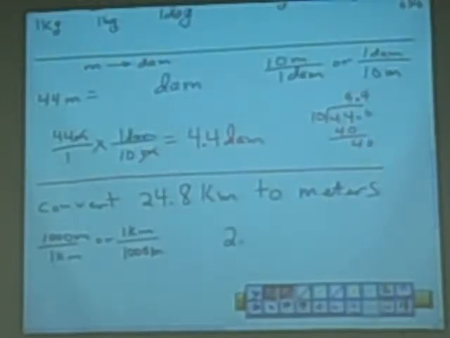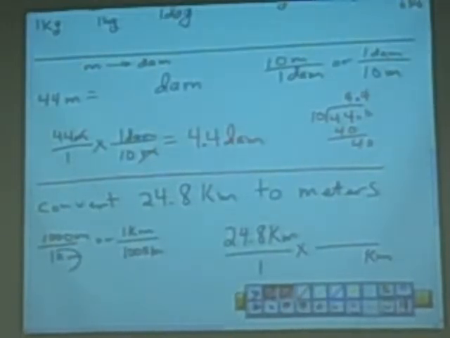So we write our 24.8 kilometers over 1. So what do we want in our denominator so that our units cancel? Kilometers. We want kilometers, right? So which one are we going to use here? 1 kilometer over 1,000, or 1,000 meters over 1 kilometer?